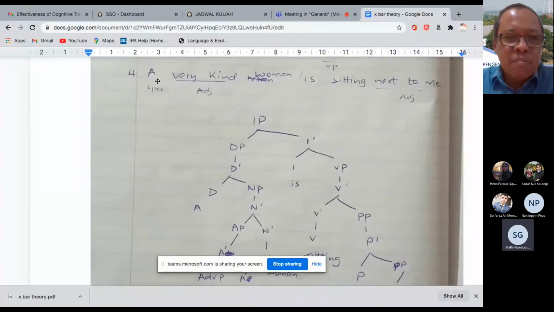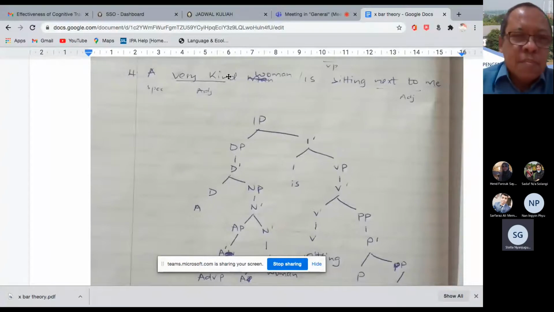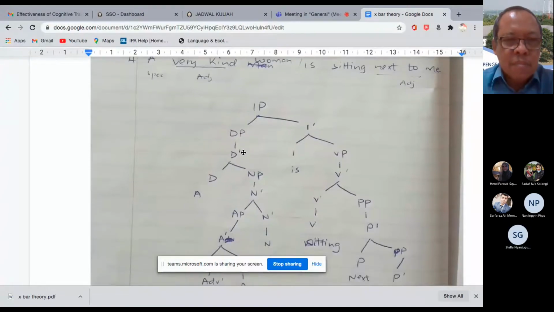Okay, so I'll begin with this. Let me just call it the subject predicate, or the subject part: a very kind woman. I thought "a" was a determiner of the head, so I call it a determiner phrase, a DP.